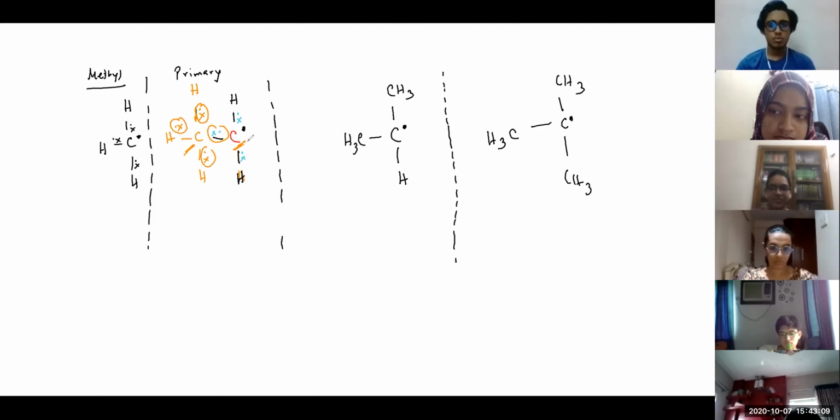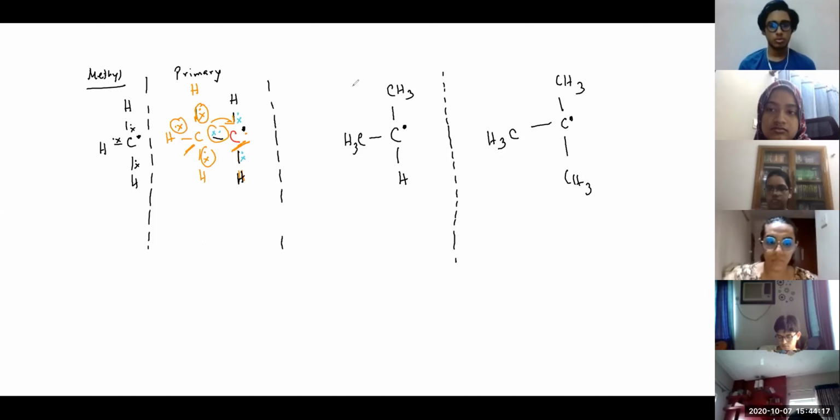So the red carbon needs 1 electron, or he is in dire need of another electron, right? And this hunger is partly reduced by the CH3 group. Why? Because it's pushing its electrons towards this carbon.